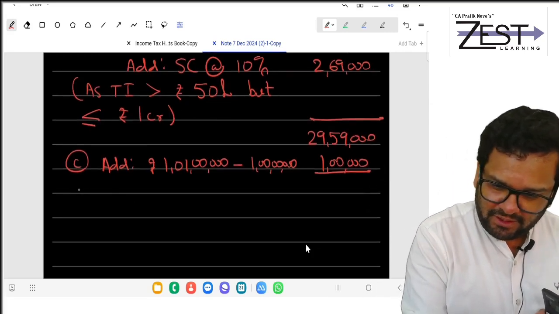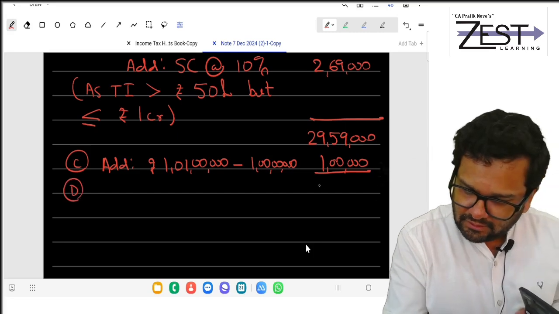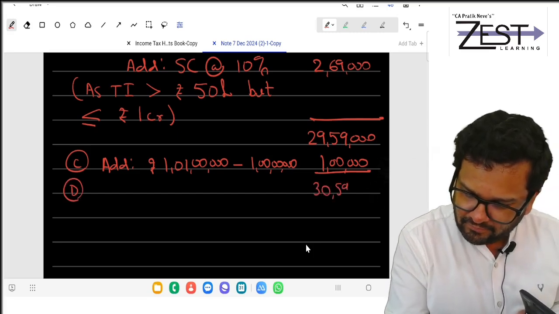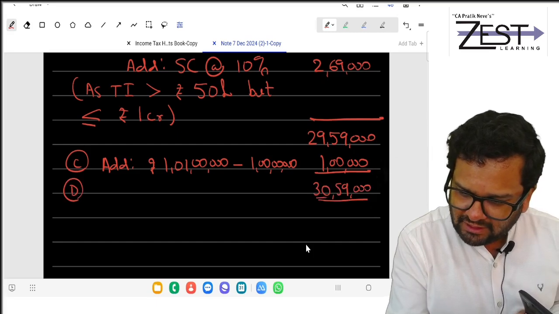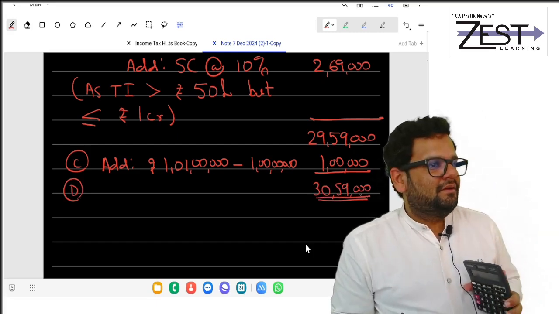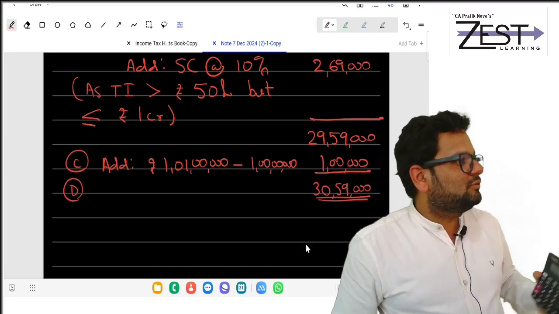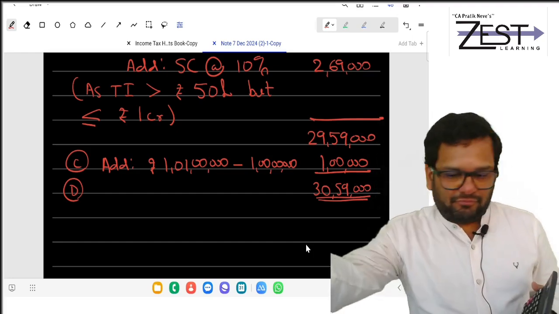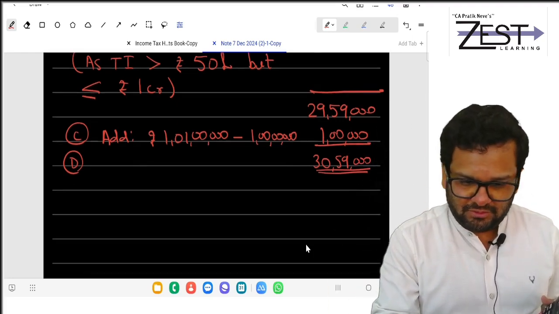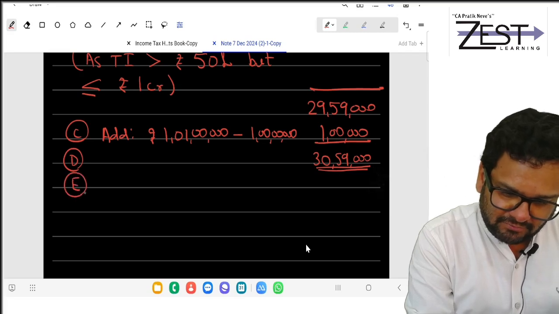So D point will be 30 lakh. Even if you give away that 1 lakh, still your tax would be 30 lakh 59,000. I think you're happy paying that.